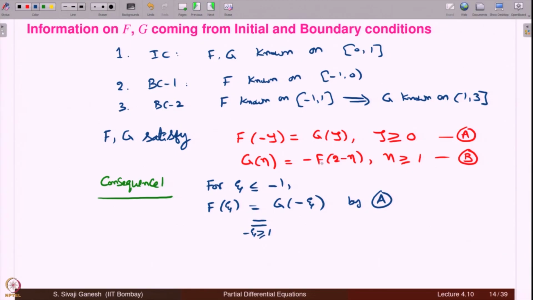So, g of anybody is minus f of 2 minus that. So, 2 minus eta, but eta is minus xi here. So, it is 2 plus xi. Okay. So, what we have, let us write down, f of xi is equal to minus f of 2 plus xi, valid for xi less than or equal to minus 1.